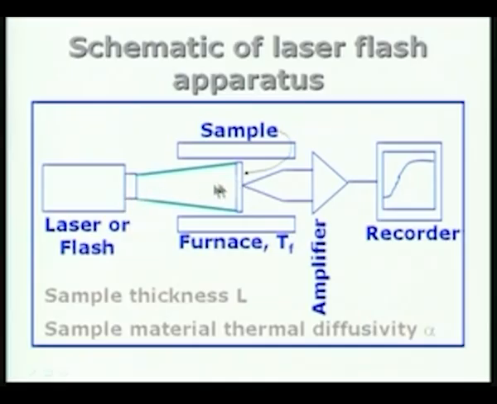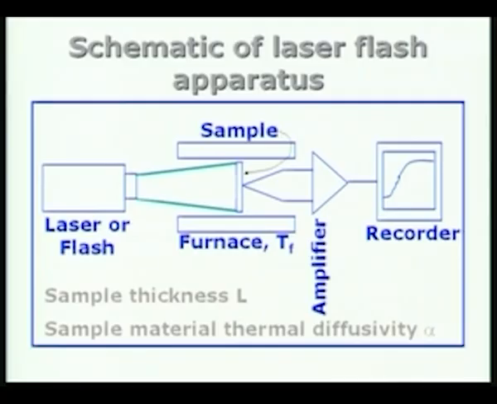On one side, a certain amount of heat is going to be supplied by a laser or a flash, for a very small length of time. In a microsecond or millisecond, the laser flash will illuminate this side, and the energy absorbed by the front surface will slowly diffuse through the material.